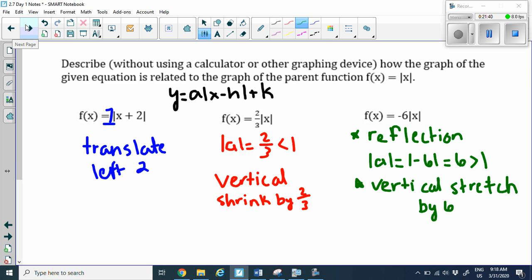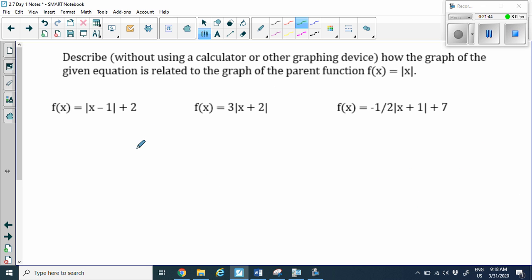Okay, so we have 3 more problems. And now here we are going to get into it where we might have more than just one transformation. So what I would like you to do is go ahead and pause this video and try out all 3 of these to determine all the transformations.